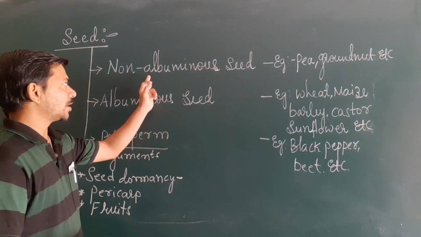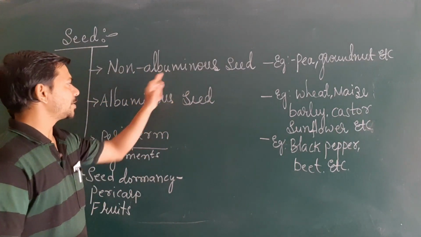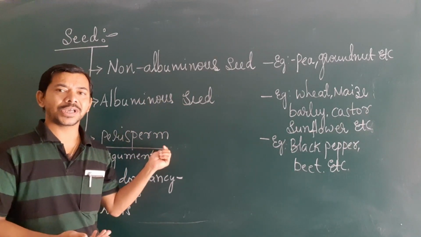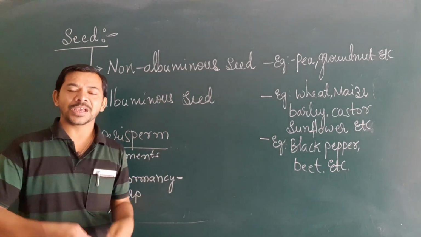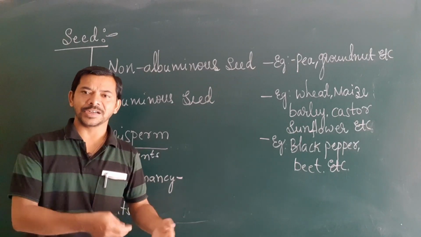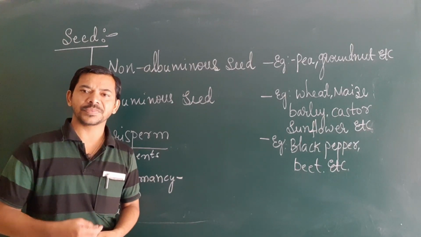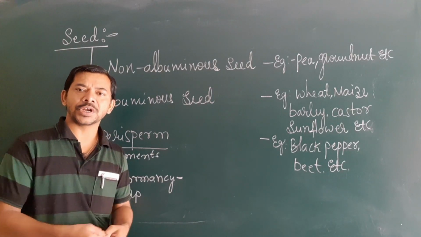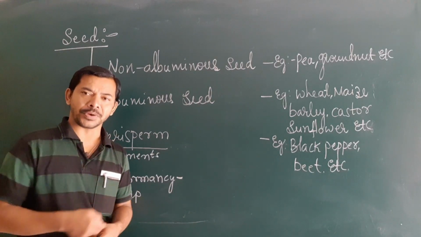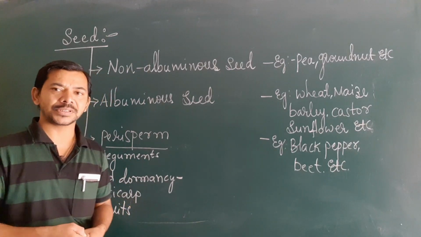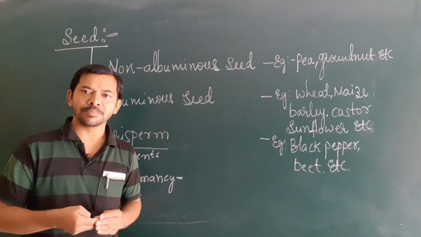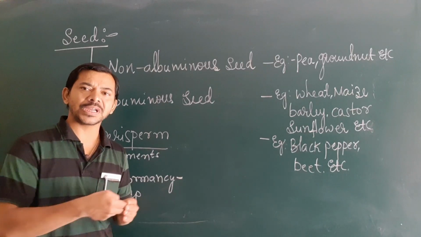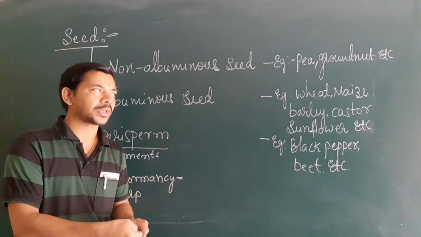You can see the types: non-albuminous seed, albuminous seed and perisperm. And what is a non-albuminous seed? Every seed retains a certain amount of endosperm as a reserve food material, and it helps during the development of the embryo. But what happens when the embryo completely consumes it before development?